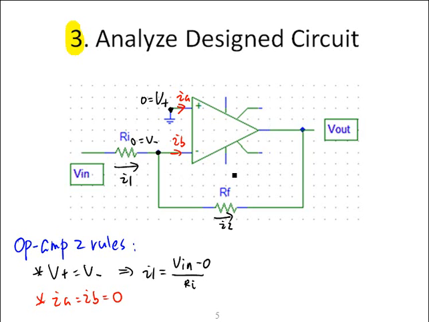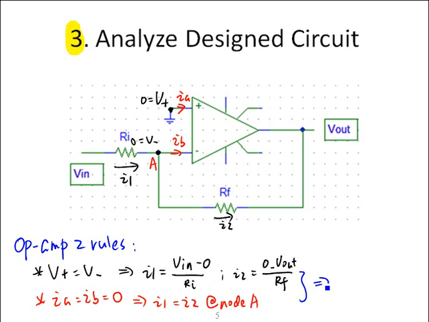We can do something similar for I2, the current across the feedback resistance. Now, from the second golden rule, because IB is equal to 0, we have the relationship I1 is equal to I2 at the negative input terminal, node A.